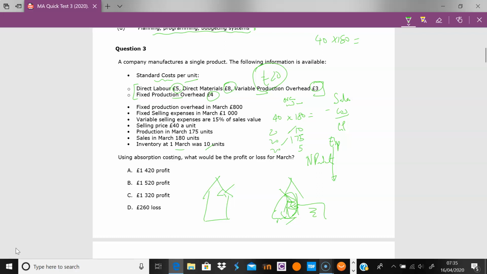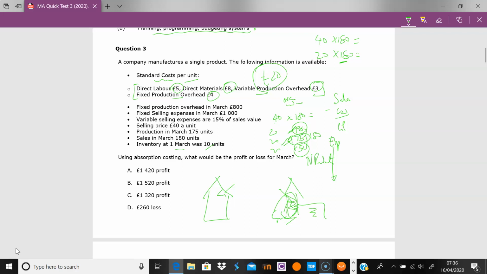Really, I could have just said 40 and done it from a contribution point of view. It's all the same thing ultimately. Because this 180 is made up of 10 plus 175 minus 5. That's opening inventory. If I produced 175, sold 180, and started with 10, it means I have closing inventory of 5.